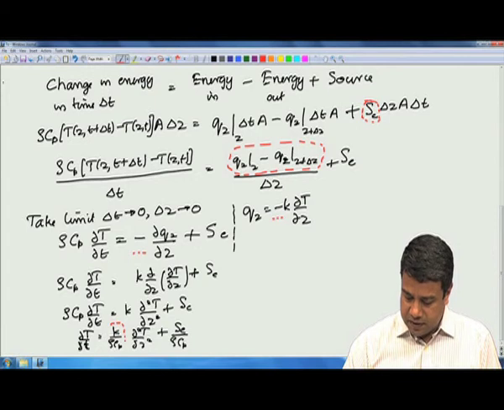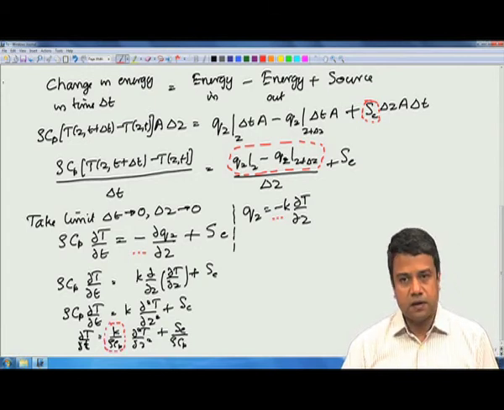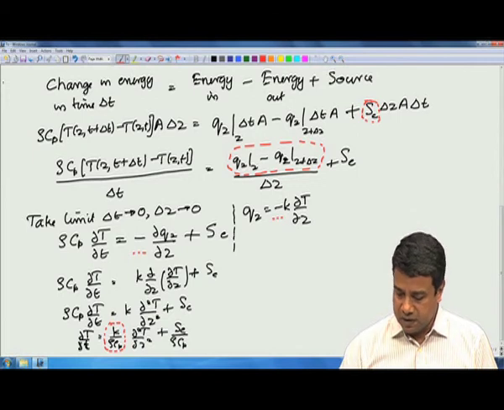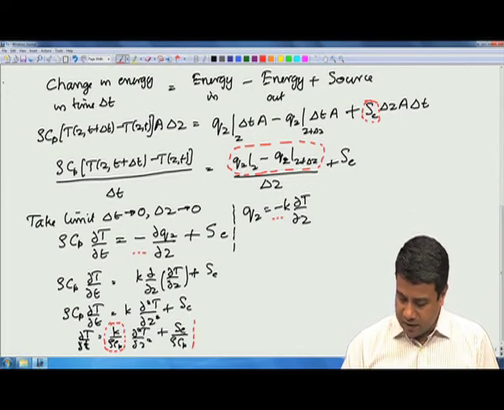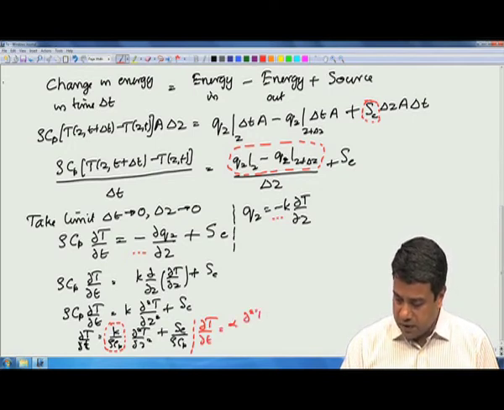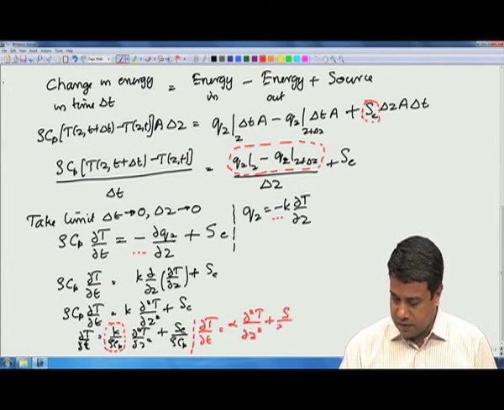This of course is the thermal diffusion coefficient. Okay, this k by rho Cp is the thermal diffusion coefficient. So, the final equation that I am getting is of the form dT by dt is equal to alpha d square T by dz square plus S by rho Cp.